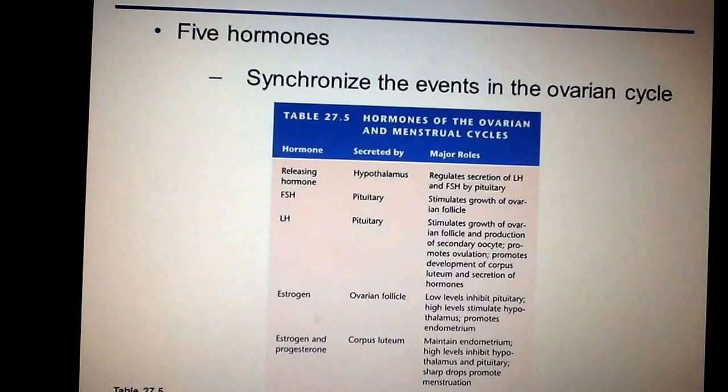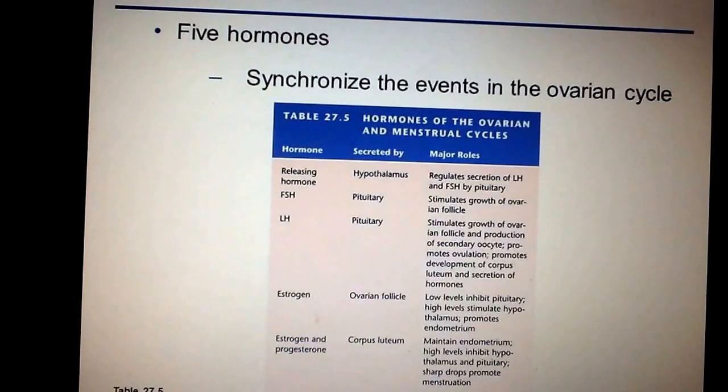Then we have estrogen, and we have progesterone. And these are actually from within the ovary itself. What happens is we have the follicle-stimulating and luteinizing hormones, and what they do is they stimulate the follicle to grow and develop. And that is causing the development of our ova, our egg, as well.